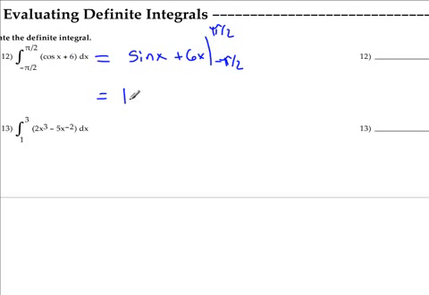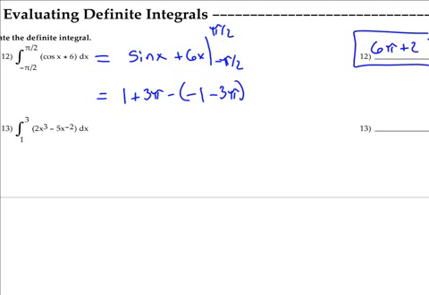Plus 6 times pi over 2 would be 3 pi, right? Minus sine of negative pi over 2 is negative 1. And then 6 times negative pi over 2 would be negative 3 pi. So I've got 1 minus negative 1 is 2. And I've got 3 pi minus a negative 3 pi, which would be 6 pi. So it's 6 pi plus 2 is the exact answer.